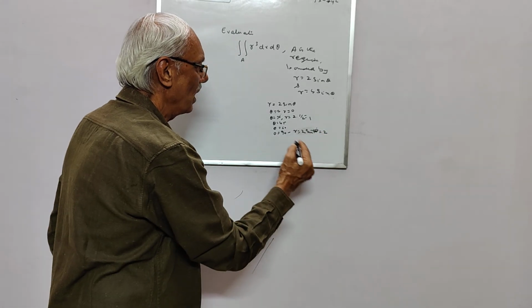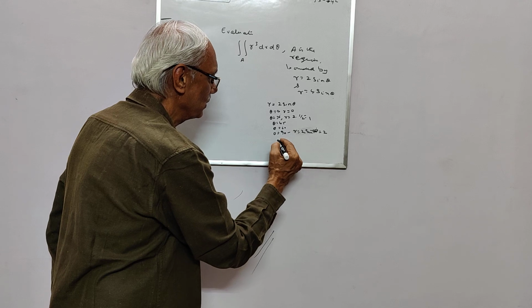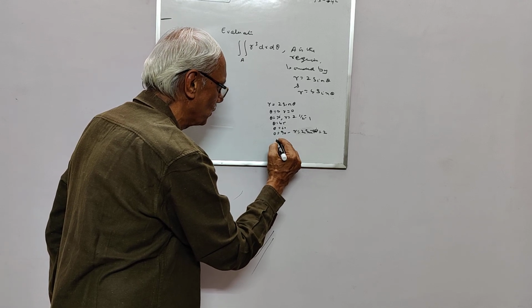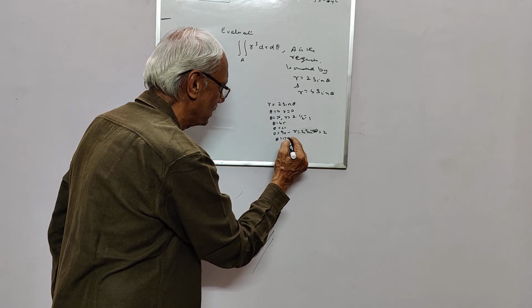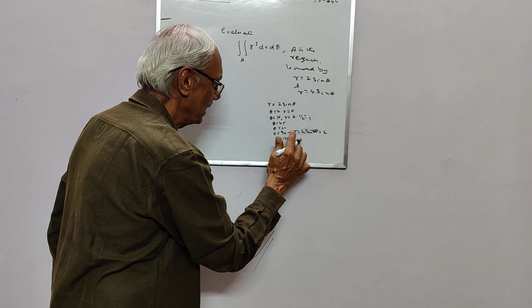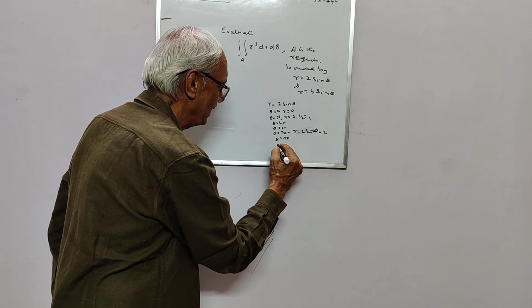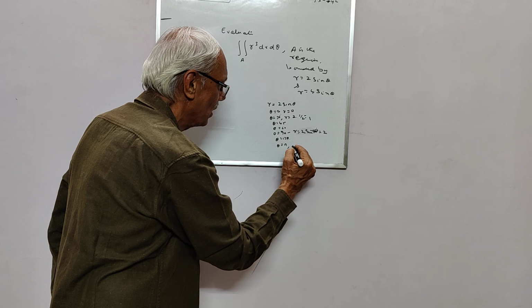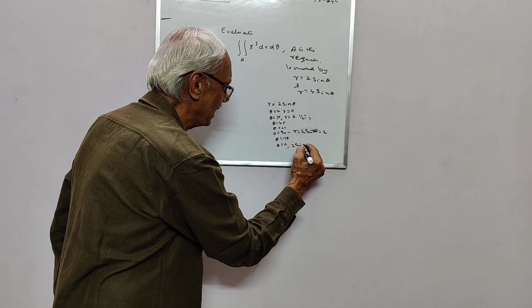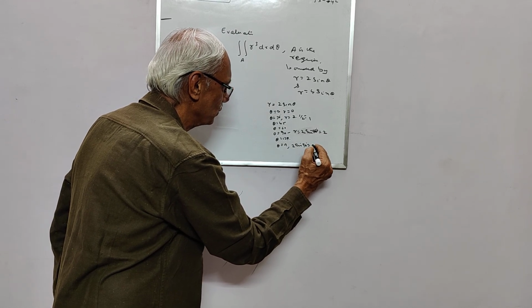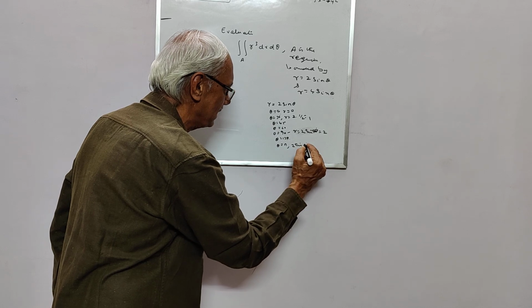After that you can go on, you can give theta is equal to 120, 135, like that it goes on, and you can finally give theta is equal to pi, for which r is equal to 2 sine 180 degrees.